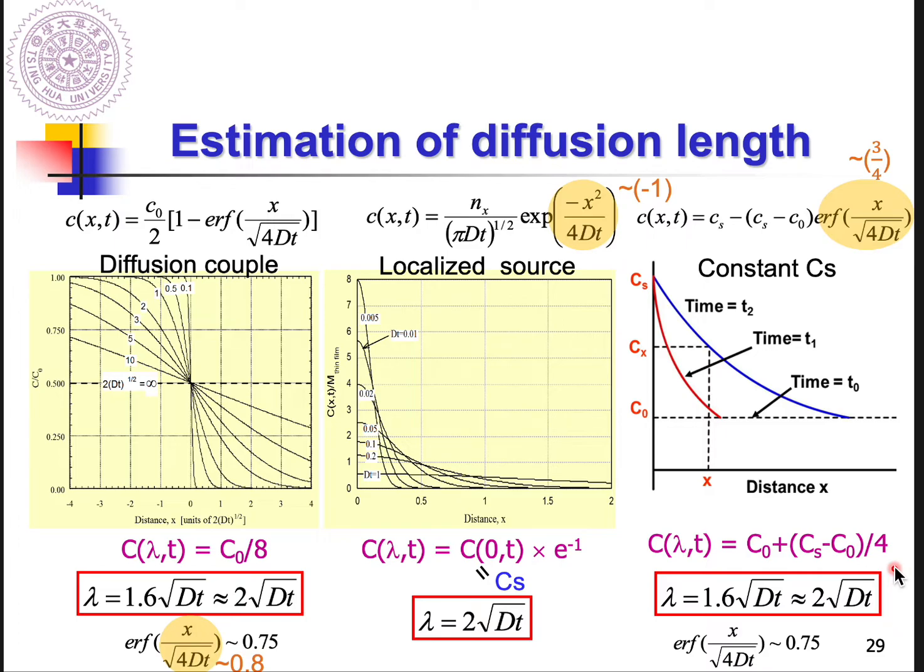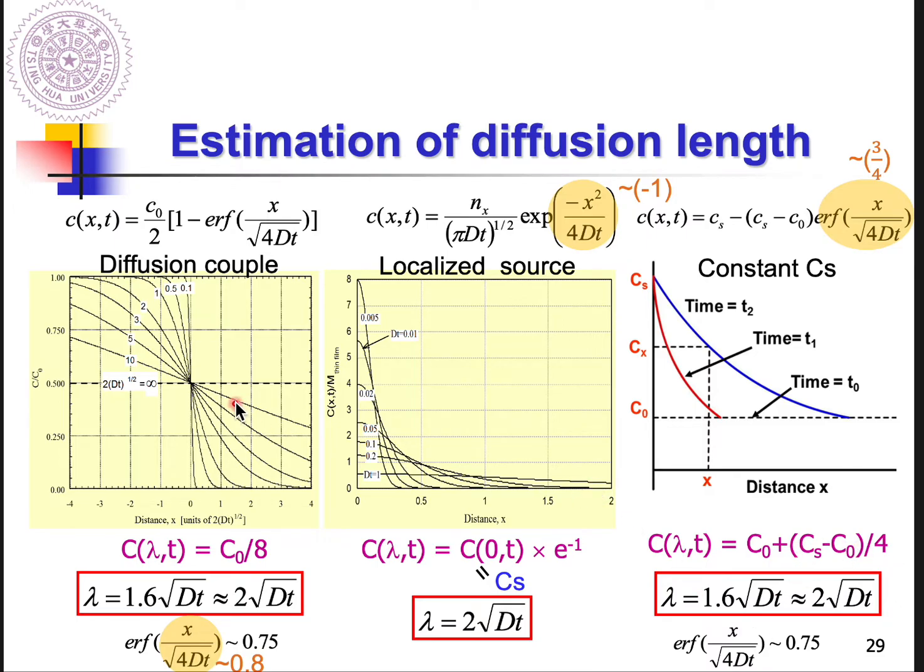And from another point of view, if you have no idea what kind of case happens in your experiments, you can do one thing, right? You can simply get the value of the square root of 4Dt at this location or depth. Then you can measure the concentration at this location.